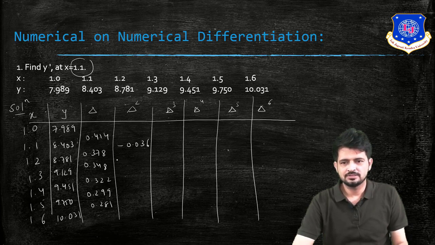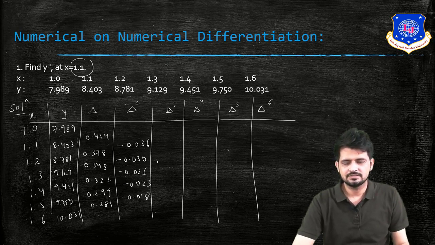Again find the difference right here. Minus 0.036, minus 0.030, minus 0.026, minus 0.023, minus 0.018. Then again take the difference.